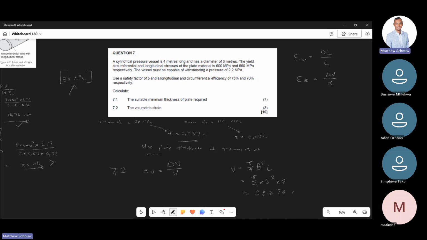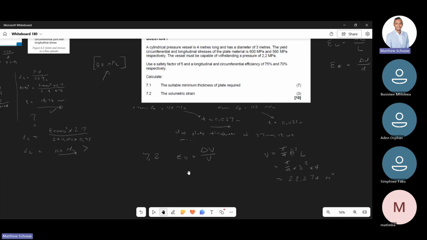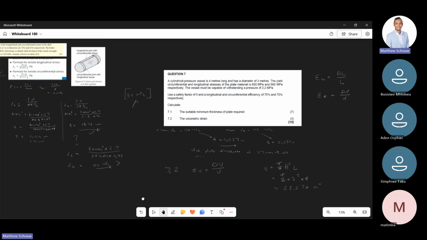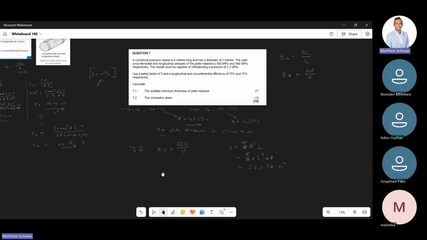28.274 meters cubed. Is that fine for everyone? Quite straightforward, eh? There is another alternative to calculate your change in your volumetric strain as well. Can you calculate your change in V for me for this one? We're all on the same page.